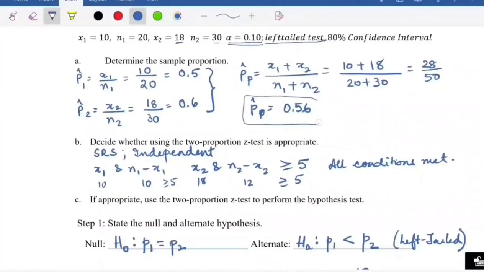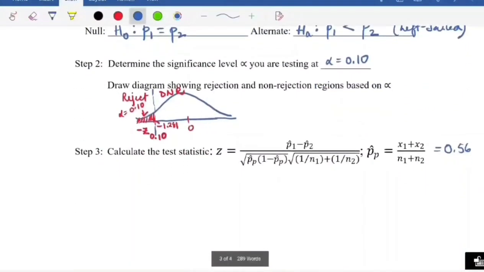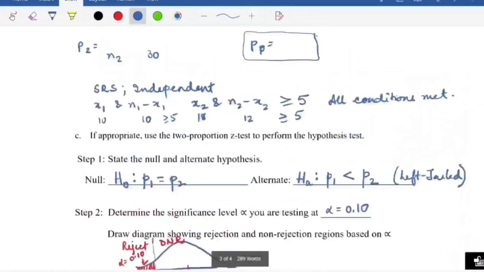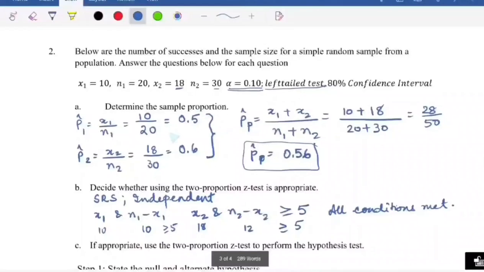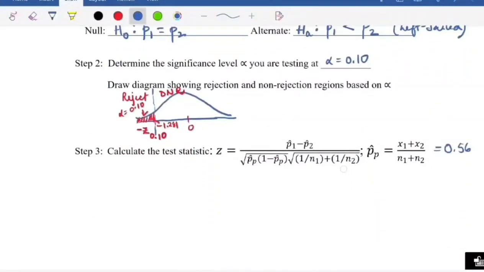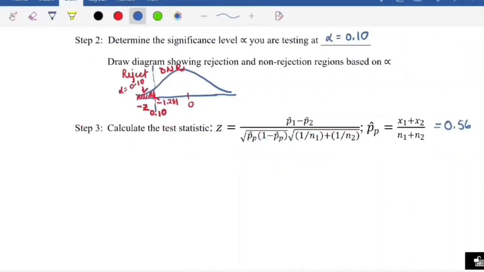Remember, p hat sub p is 0.56. Now let's plug in the values into the formula. P hat sub 1 was 0.5 and p hat sub 2 was 0.6. Here are the values. All right, so you have to look back to part A where we calculated the sample proportion and pick up the values from there. So p hat sub 1 is 0.5.